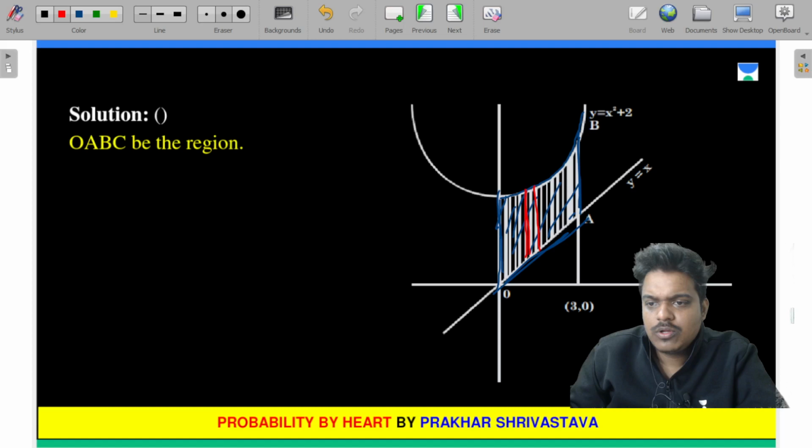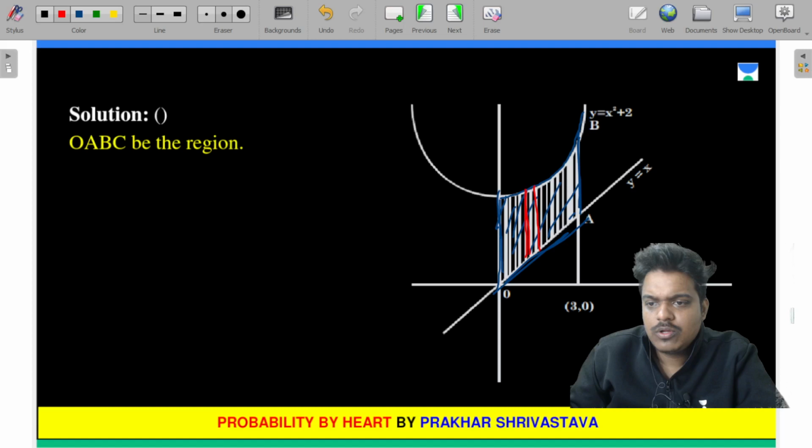This will be equal to x cube by 3 plus 2x minus x square by 2, integrating from 0 to 3. To put the value, 9 plus 6 is 15, minus 9 by 2 is 4.5. You will solve 15 minus 4.5, which is somewhere around 10.5. So the answer comes out to be 10.5.